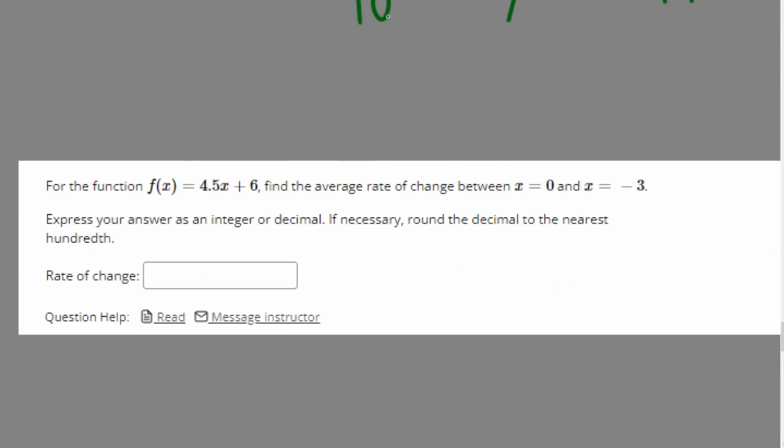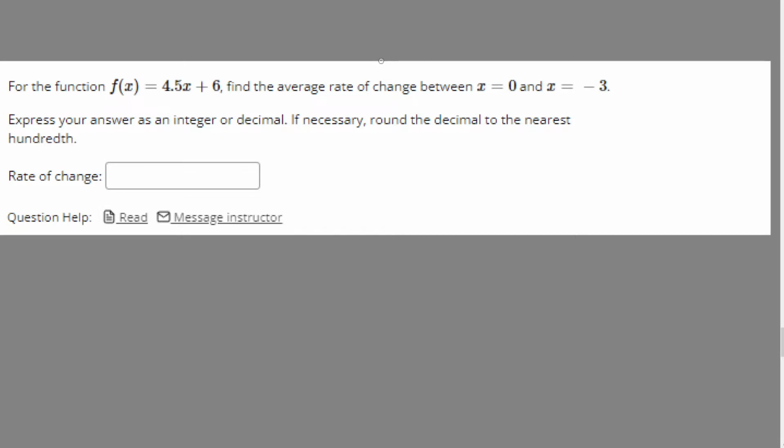For the function f of x equals 4.5x plus 6, find the average rate of change between x equals 0 and x equals negative 3. Now, they're giving you this, you don't need to worry about that at all. When we're talking about average rate of change, all we're talking about is slope.